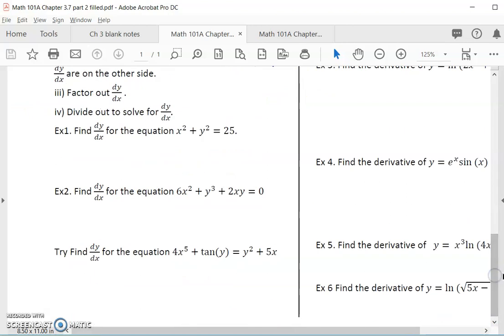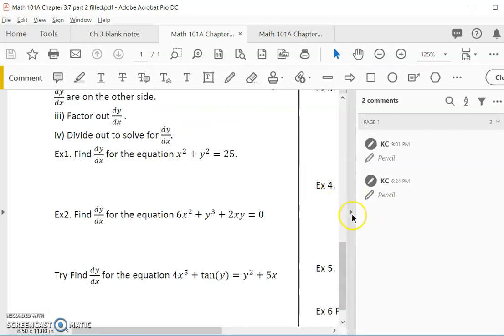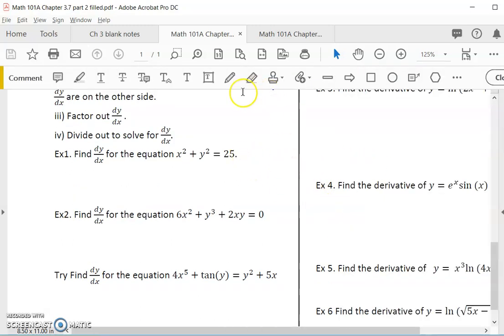Let's do a few examples to show. This is a circle equation, x squared plus y squared equal to 25. I want to find dy dx. According to what we talked about, the first thing we do is apply the derivative d dx on both sides.